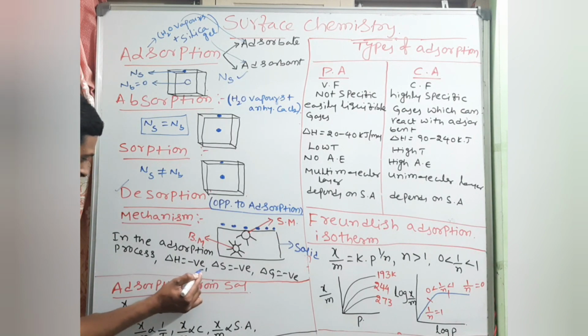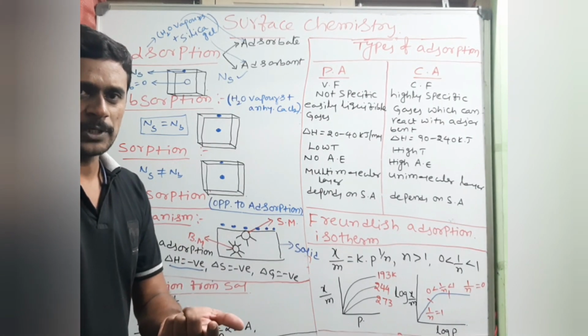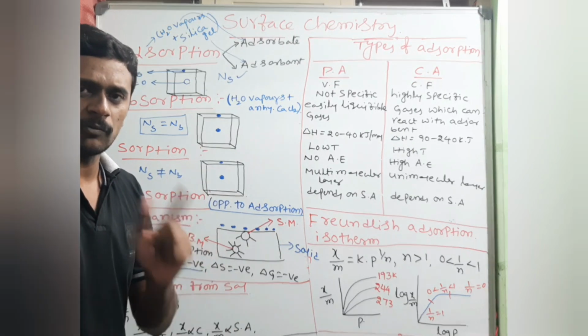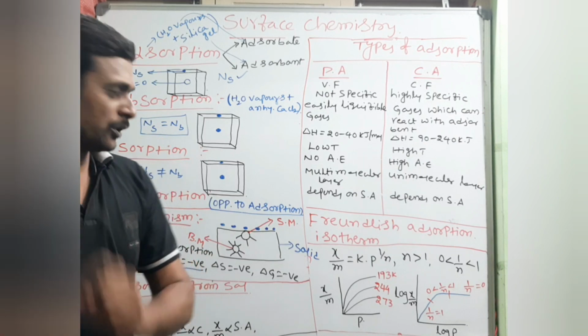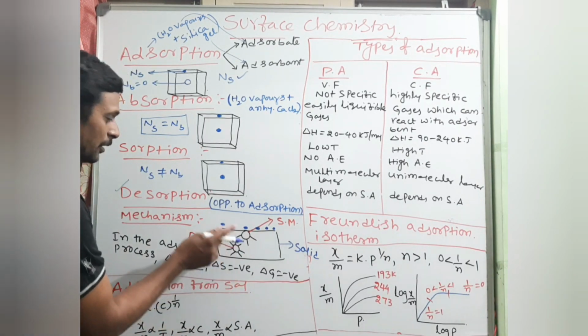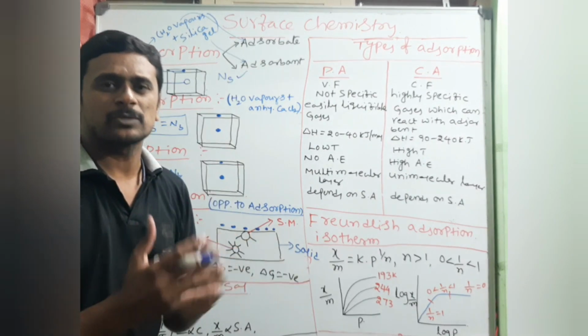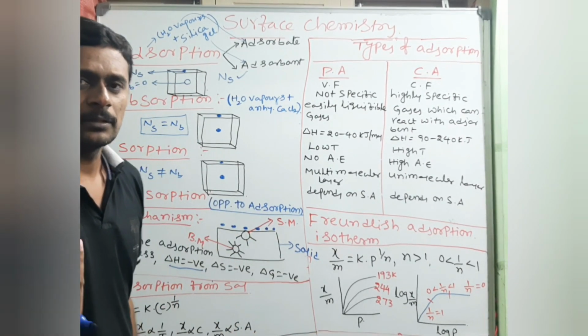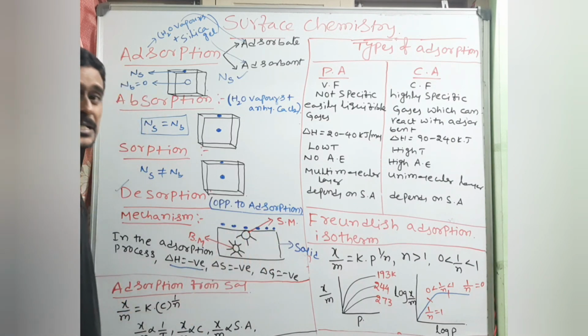That's why I have taken delta H as negative. Any adsorption, either physical or chemical, is an exothermic process. Next, after adsorption, the randomness of the adsorbate decreases, because the molecules are accumulated over the surface.